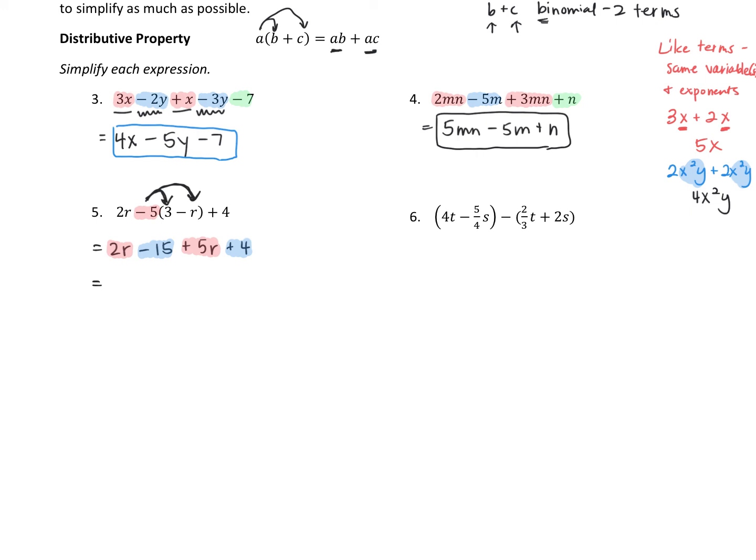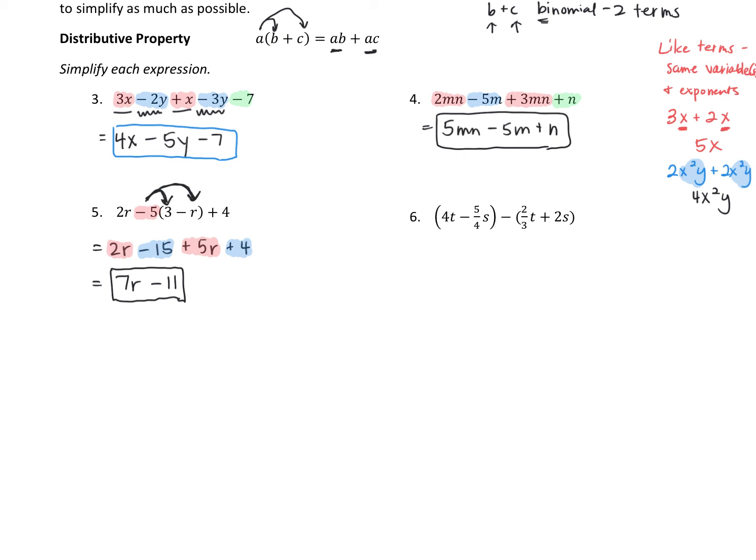So 2r plus 5r is 7r, and negative 15 plus 4, that'll be negative 11. Again, the things in blue are different signs, so you subtract and keep the sign of the larger number when you ignore the sign, so negative 11. And that's it. 7r and negative 11 are not like terms, so you cannot combine those. So that's as far as you can go. That's your simplified expression.